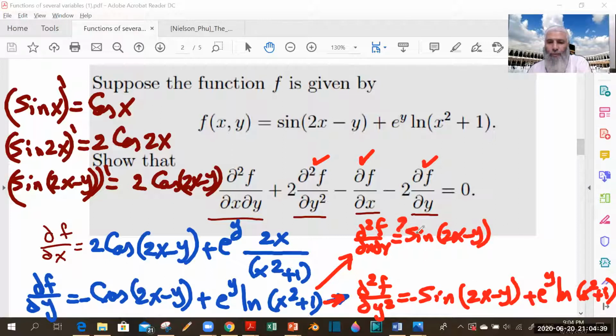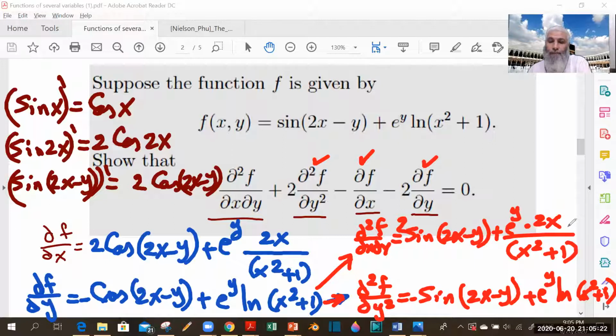Just multiply 2 here. Now with respect to x, e^y is constant, and the ln is 1 over this bracket multiplied by the derivative of the inner part, which is 2x.